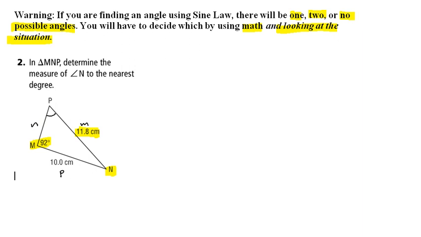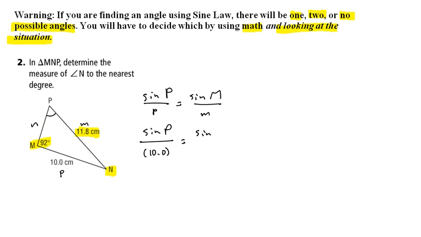So we're going to be using M and P. So I'll have sine P over little p equals sine M over little m. So that'll be sine P over 10.0 equals sine 92 degrees all over 11.8.